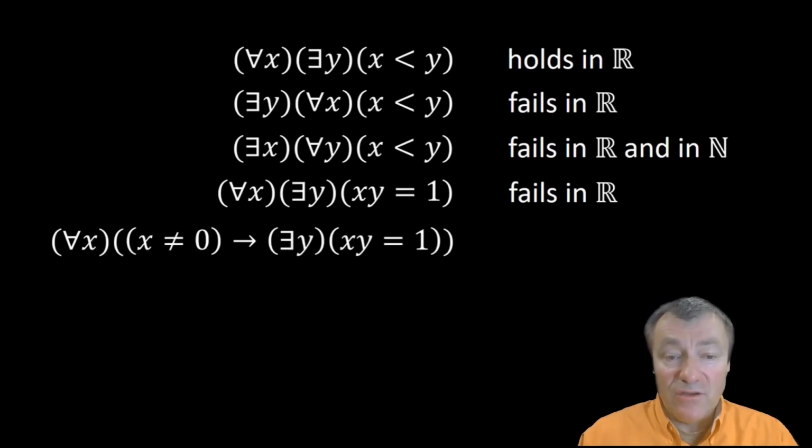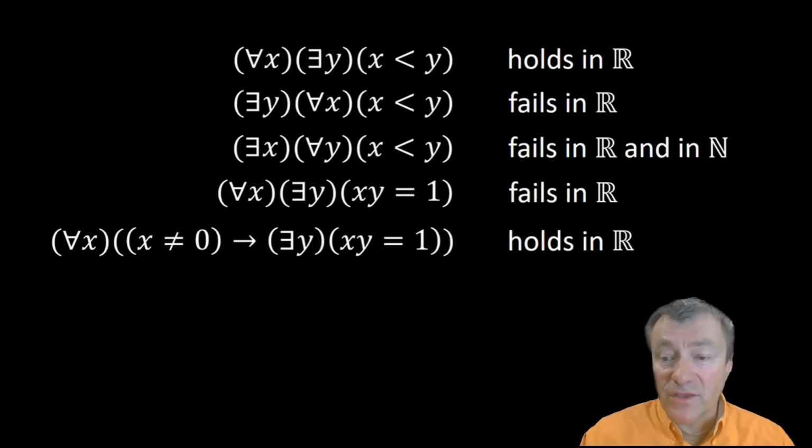So here's a variation on that sentence. For all x, if x is not 0, then there exists a y, which is a multiplicative inverse. This says every non-zero element has a multiplicative inverse. Now this holds in the reals. It also holds in every field, but it does not hold in the natural numbers or in the integers.